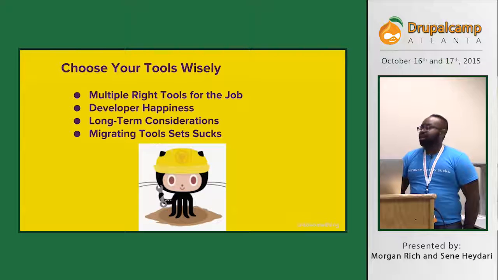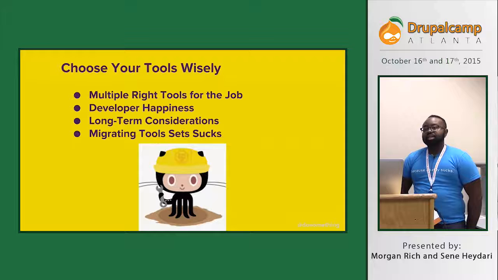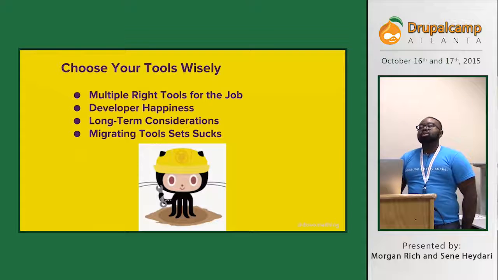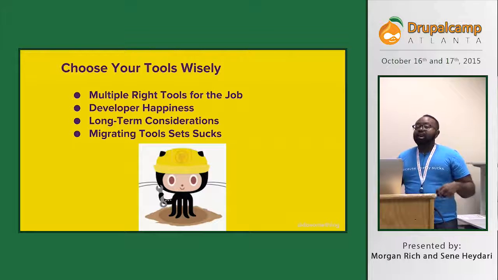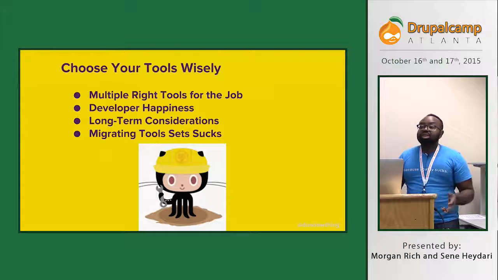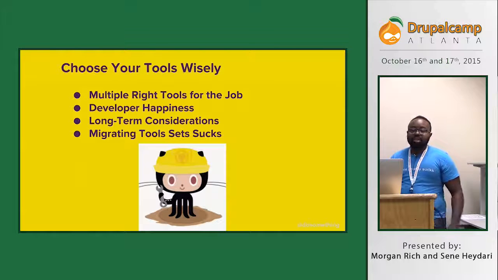You should always be considering developer happiness in terms of what tools are developers excited about, and also what tools are developers comfortable using. Sometimes there are tools that might be better, but they are really annoying to set up. The documentation is terrible, those sorts of things, and that doesn't make for happy developers.